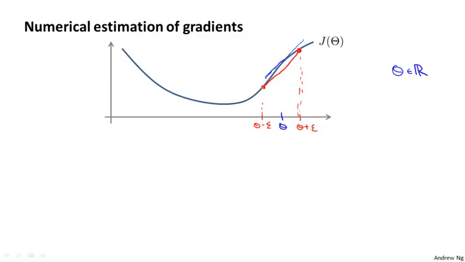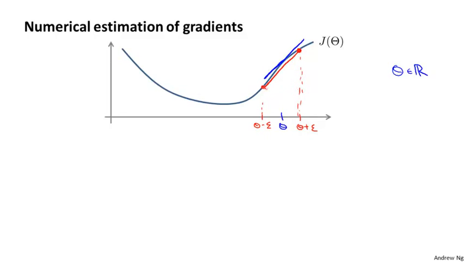and connect them by a straight line, and I'm going to use the slope of that little red line as my approximation to the derivative, where the true derivative is the slope of that blue line over there. So it seems like it'd be a pretty good approximation.